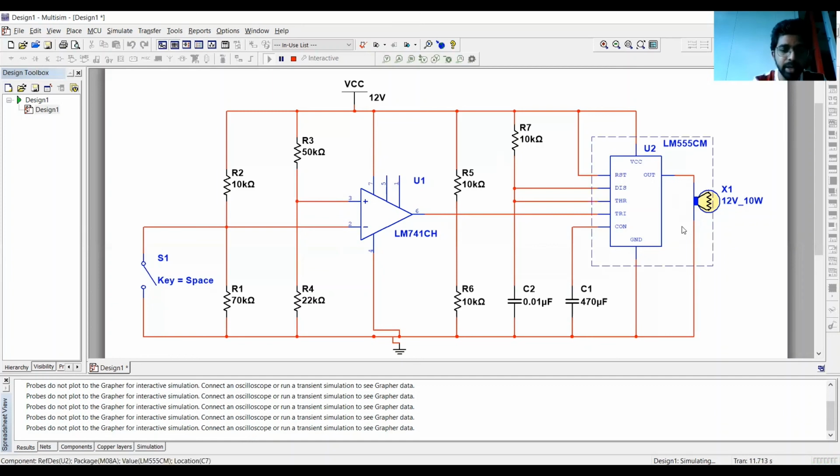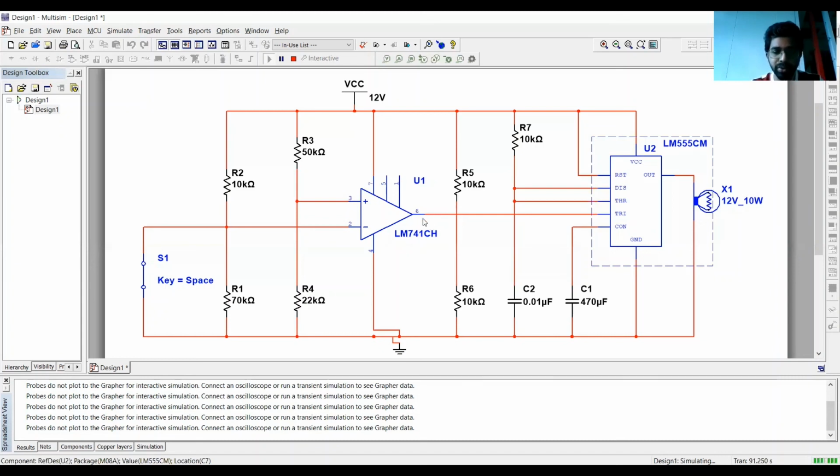Similarly, when a person comes out from the bedroom and closes the door like this, the switch gets back to its normal position and gets closed. Because the non-inverting terminal of the op-amp is then at a higher voltage compared to the inverting terminal, the output of the op-amp is at logic high.